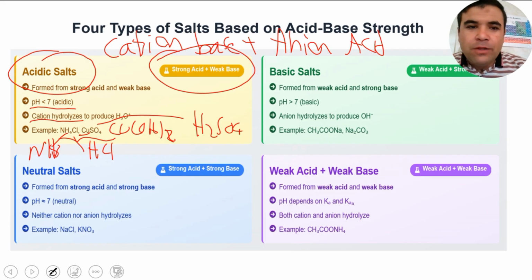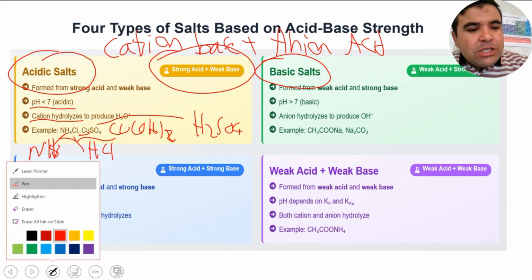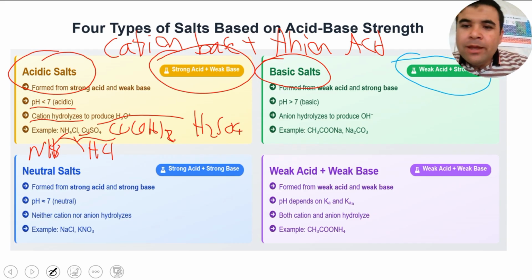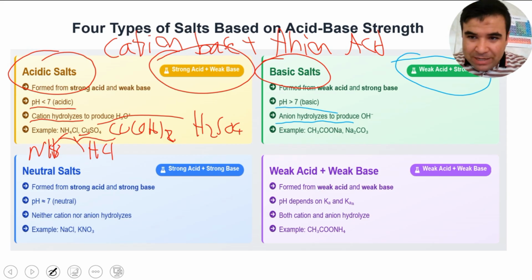The second type of salt is the basic salt, guys. The basic salt, unlike the acidic salt, has its cation from a strong base and its anion from a weak acid, guys. This type of salt undergoes anion hydrolysis, and the pH is more than 7 because they are basic.